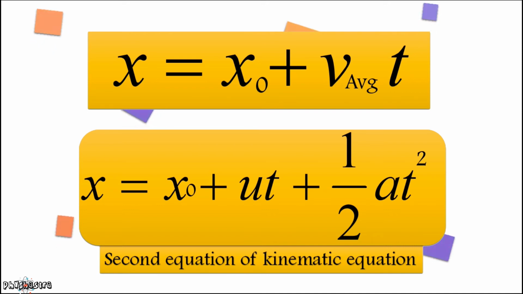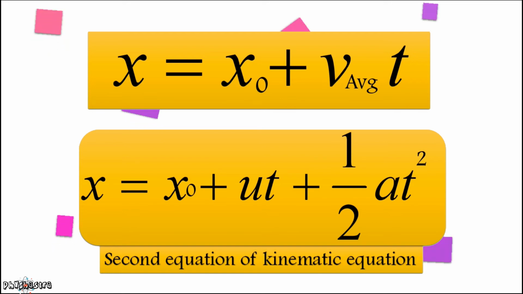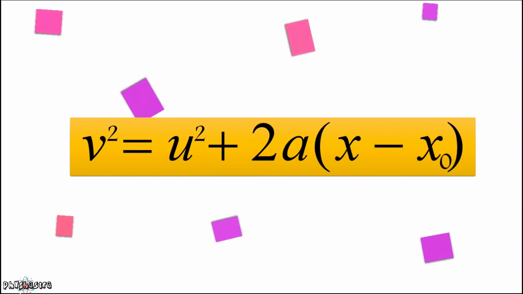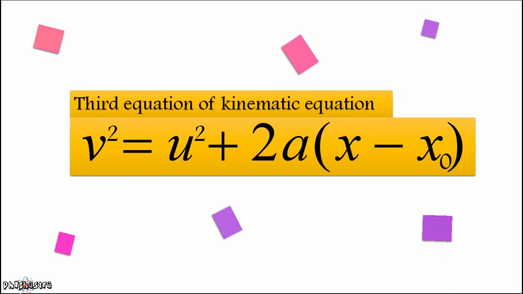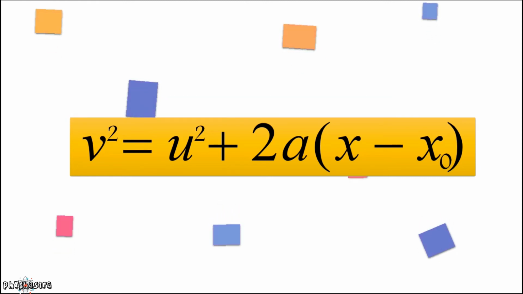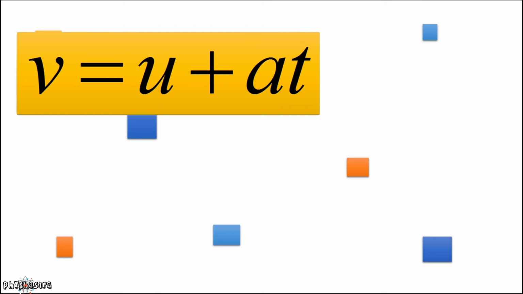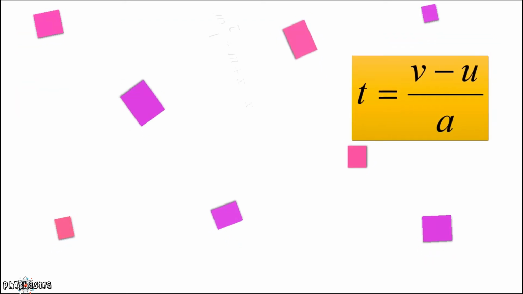Now we create a relationship between final and initial velocity with position. Thus, let us proceed to the third kinematic equation of motion. Now we need to derive v squared equals u squared plus 2a into (x minus x0). You can see in this equation the variable t is missing. So what we do is use the first kinematic equation in the form of time and substitute it into the second kinematic equation.